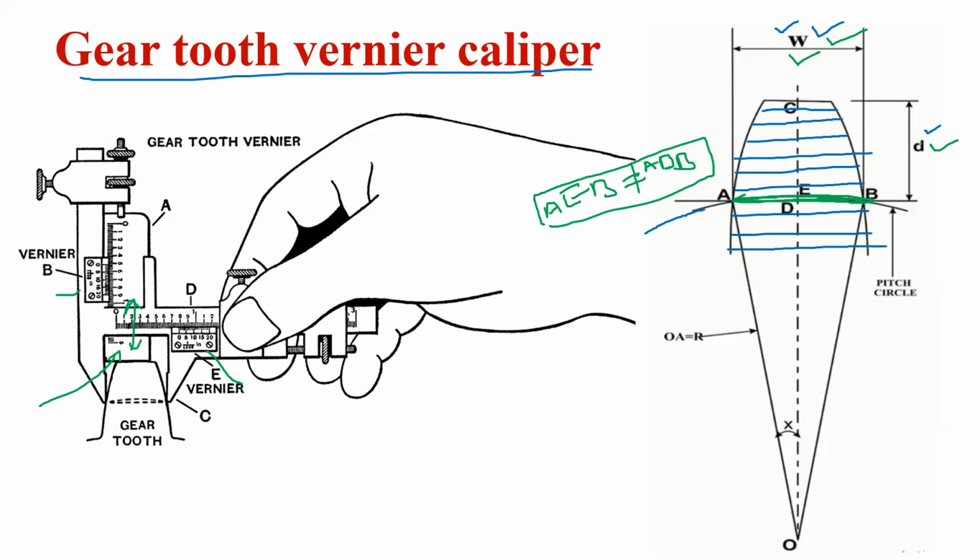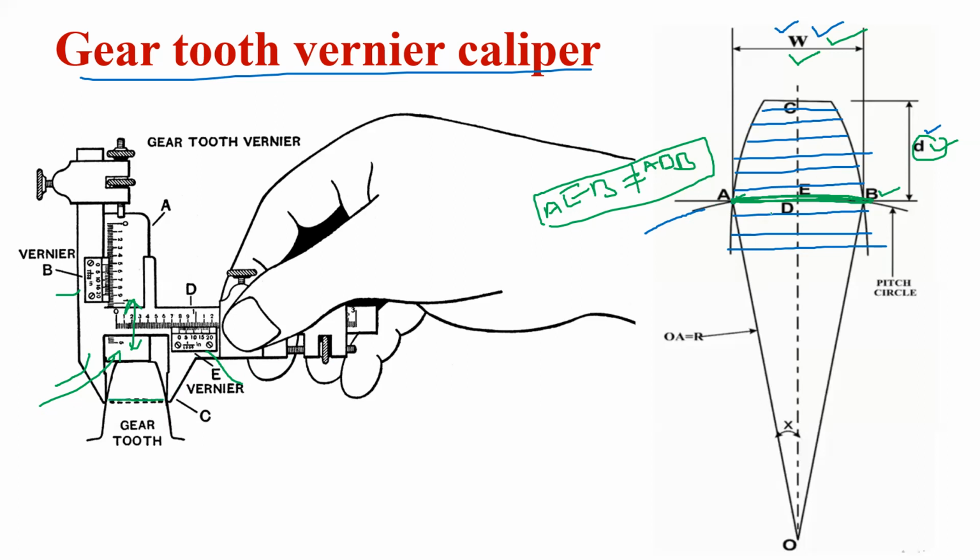So we need to set this distance D on the vernier B. And then, by keeping this fixed jaw at point A on the pitch circle, and closing the vernier E, this movable jaw up to the point B, you can measure ADB.